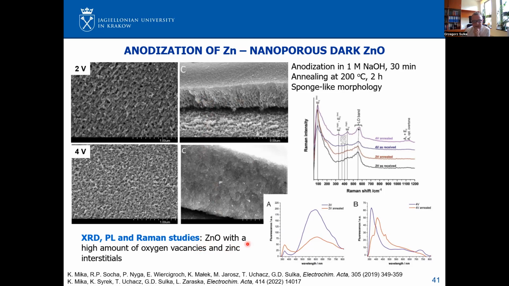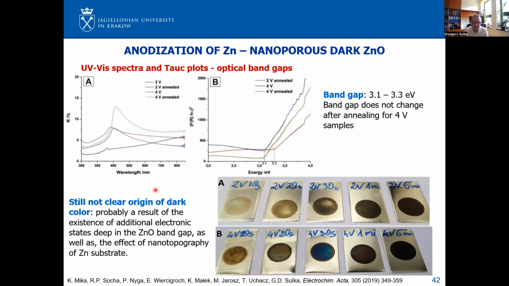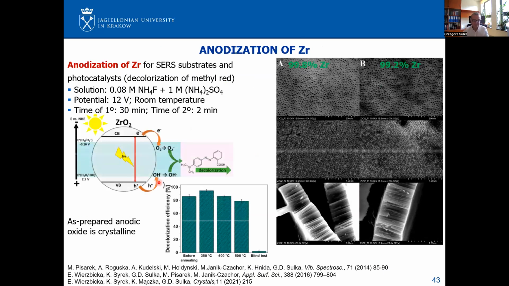We observed a high amount of oxygen vacancies and zinc interstitial atoms in that structure. Probably the dark color is a result of some additional electronic states in the bandgap or an effect of nanotopography of the zinc substrate. Especially the dark color is visible for samples which are anodized at 4 volts. Even after annealing, the samples have a dark color.